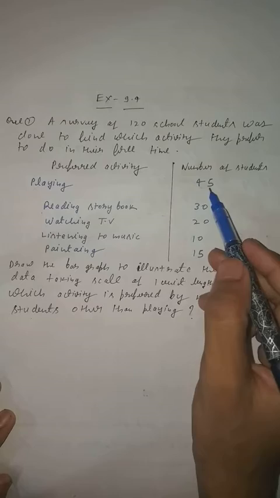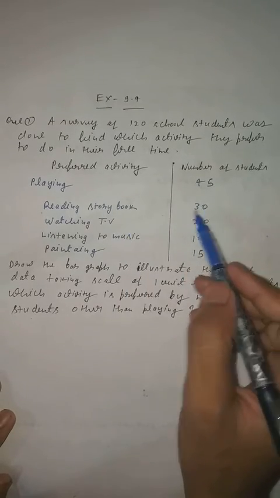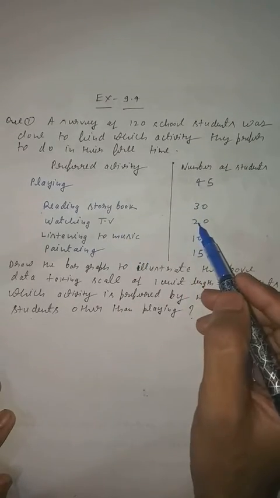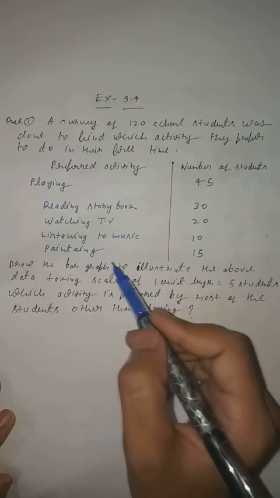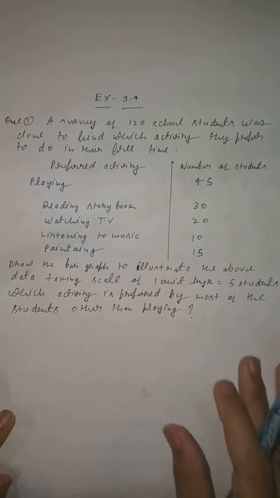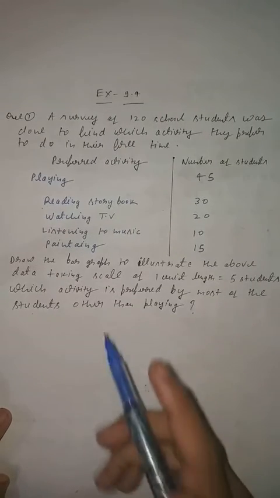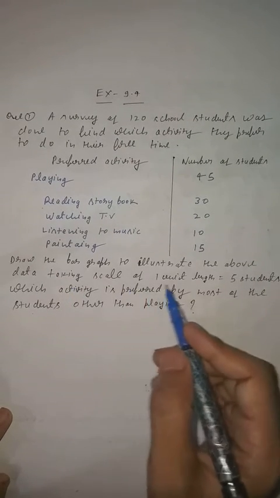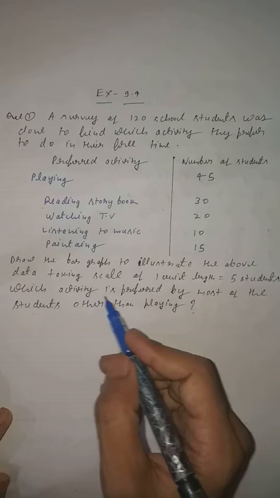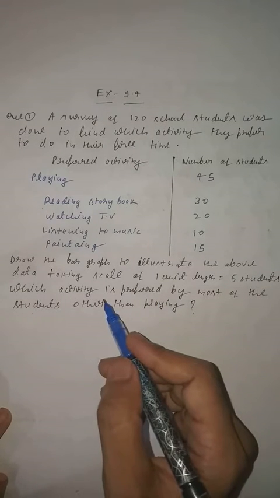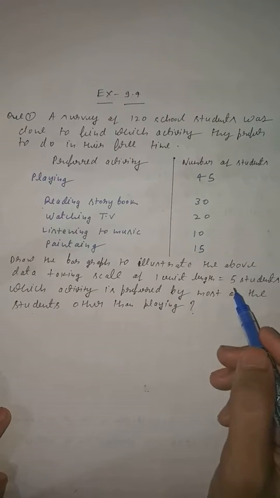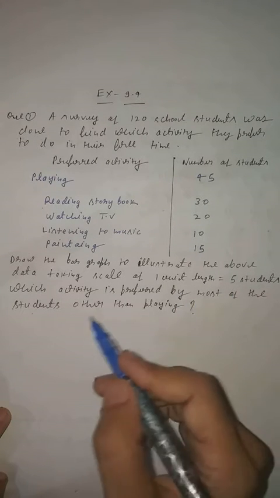So the numbers are given: 45 students like playing, 30 like reading storybooks, 20 like watching TV, 10 like listening to music, and 15 like painting. Clear student? Now what you have to do: draw the bar graph to illustrate the above data, taking a scale of 1 unit length equal to 5 students.